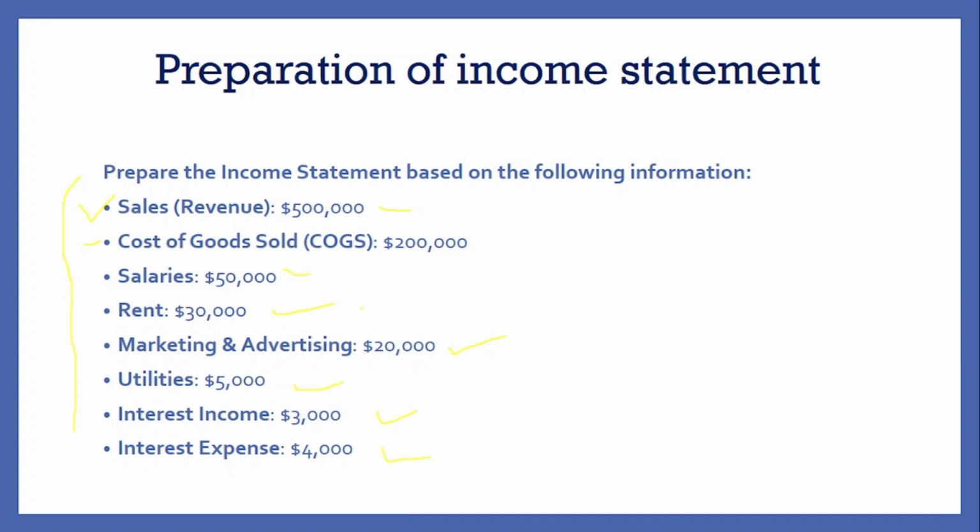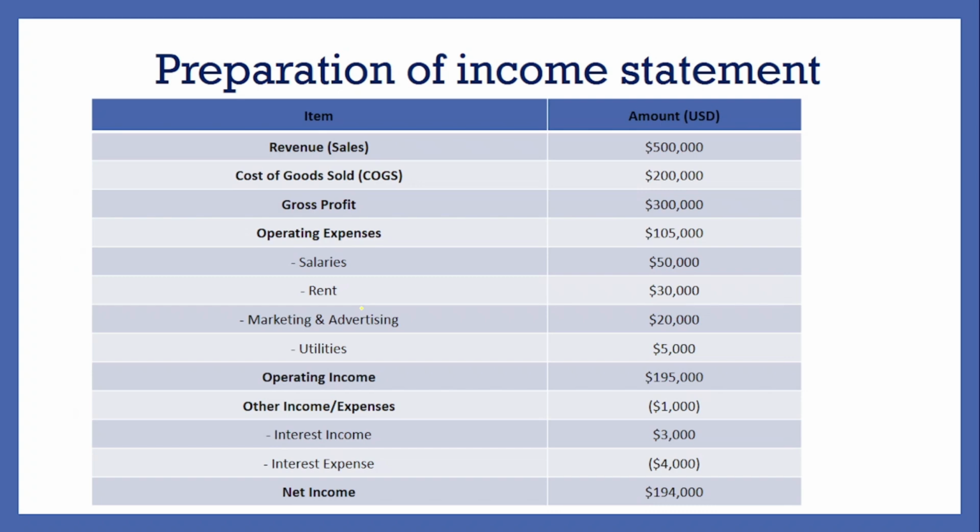So we'll see how we can prepare the income statement from this. This is the income statement prepared based on that data. First we start with the revenue or sales, and we reduce the cost of goods sold from the sales to calculate the gross profit. From there we calculate all the operating expenses, and 105,000 is our total operating expenses.